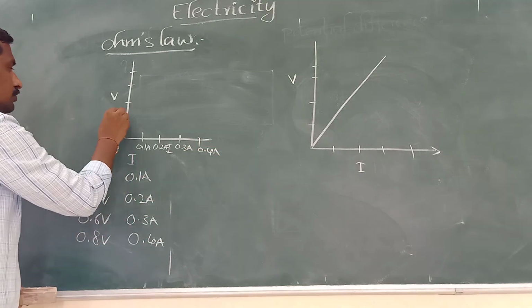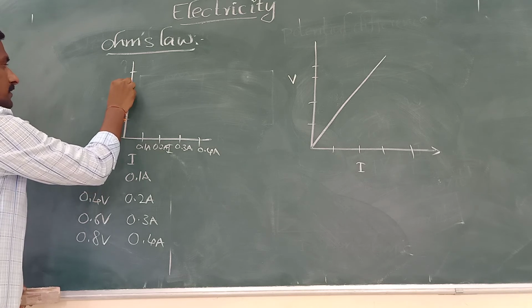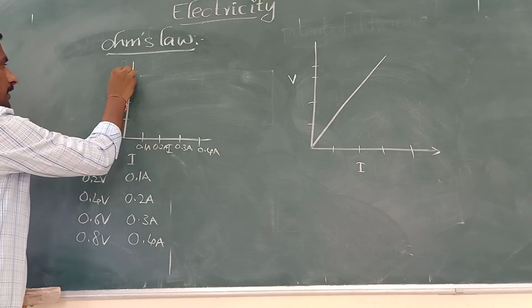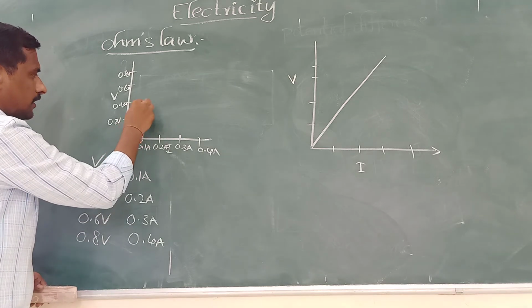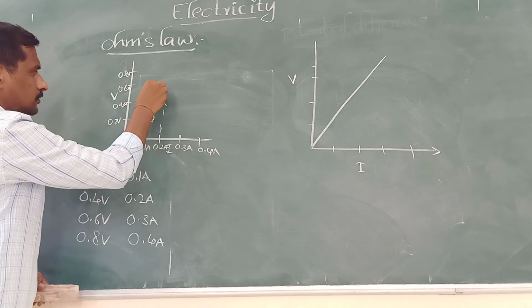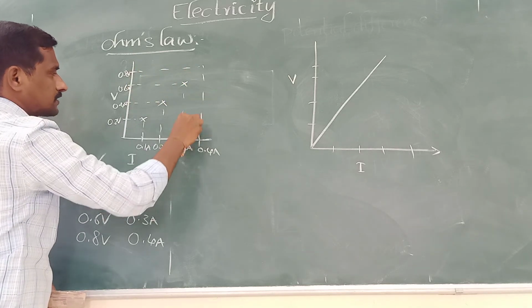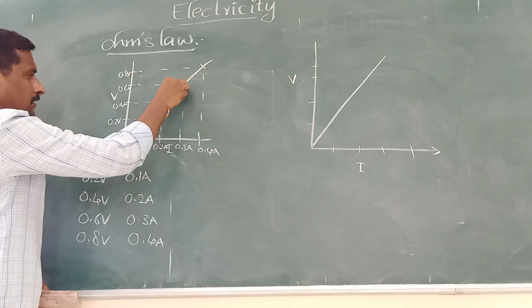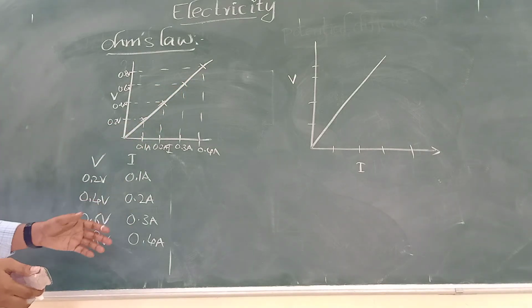And the voltage is 0.2 volt, 0.4 volt, 0.6 volt and 0.8 volt. You can mark the points like this, then using a scale, which I am not using here, you can draw the graph. It will become a straight line.